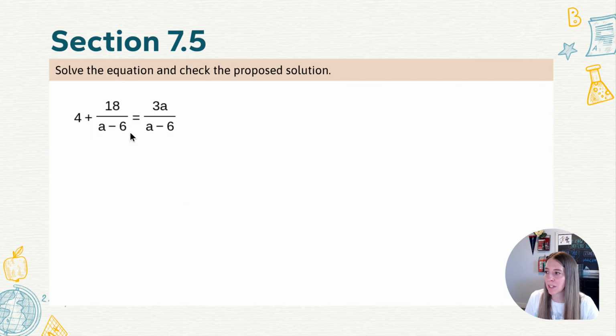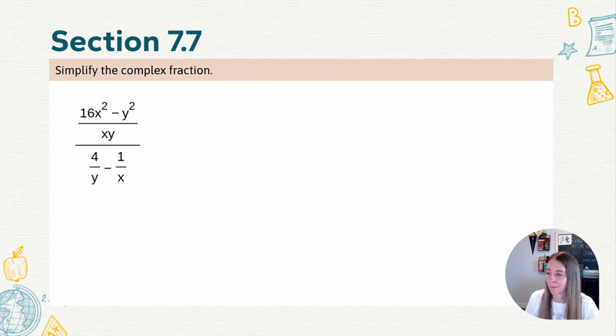So solving an equation where we have fractions, how confident are you in solving equations that look like this? And then do you know how to check the solution? And then section 7.7, this is the most commonly missed problem. Simplify the complex fraction. This is where we have a fraction being divided by more fractions. How confident do you feel in knowing where to start and how to solve this problem?